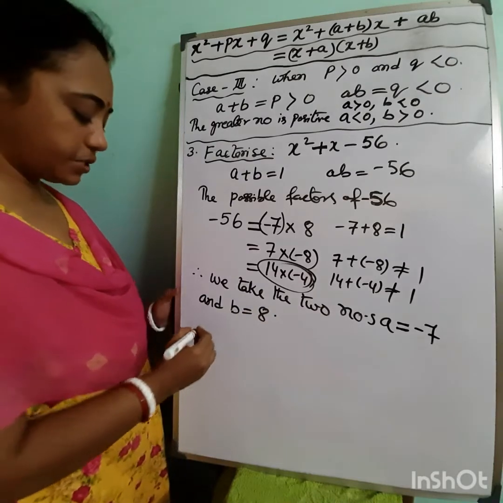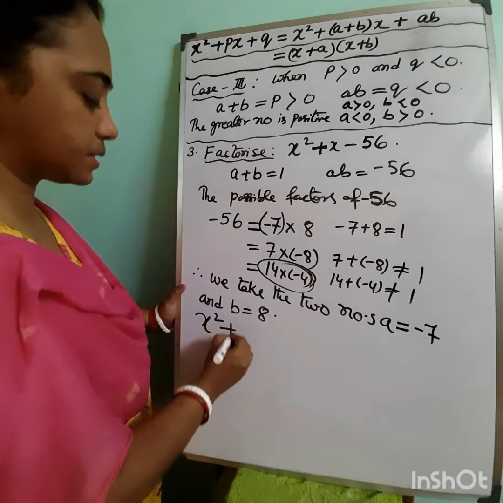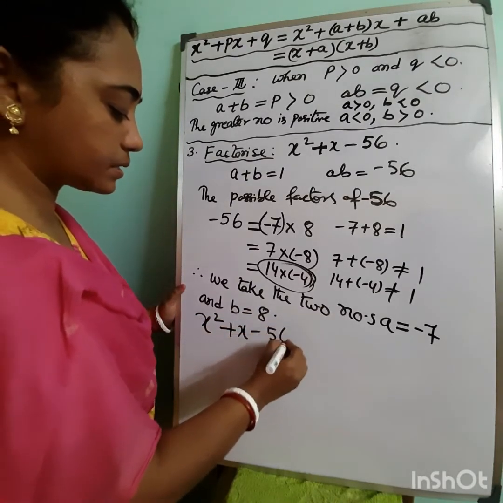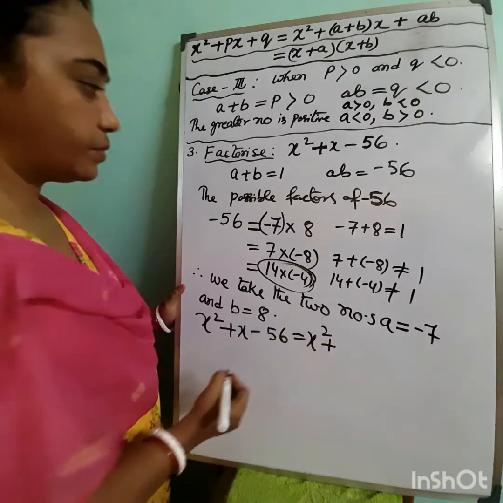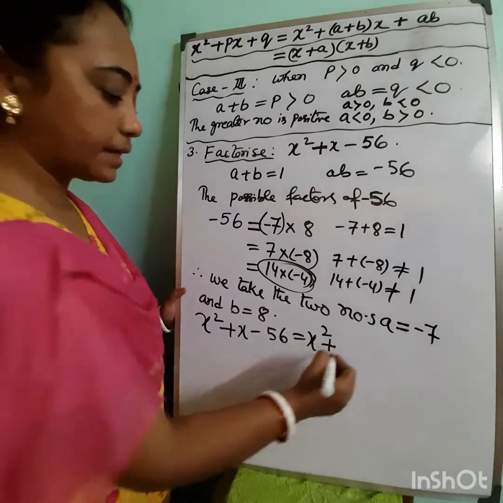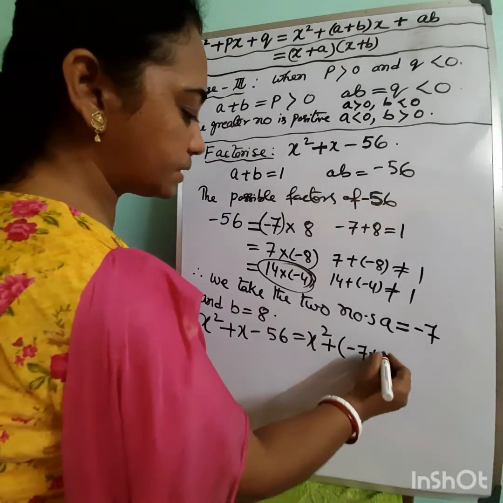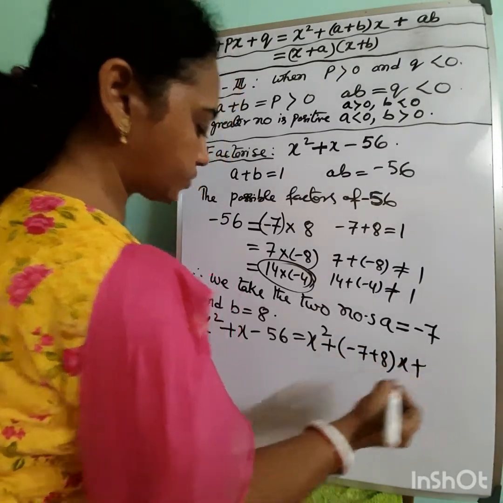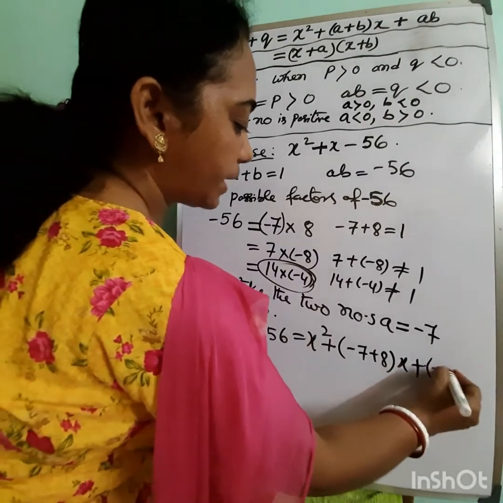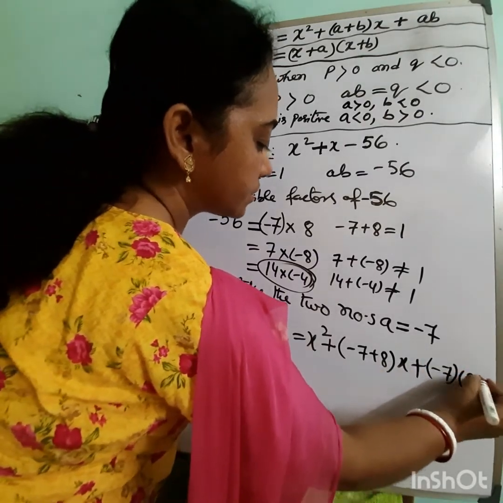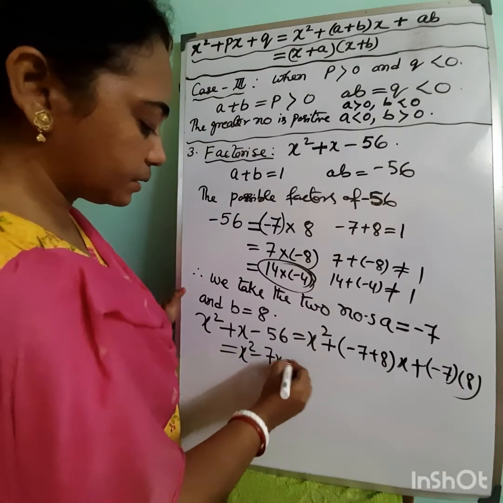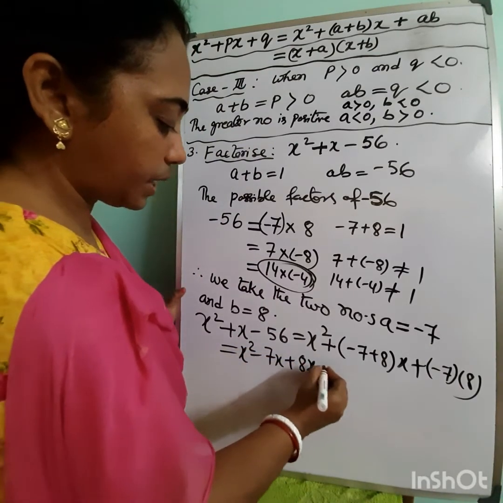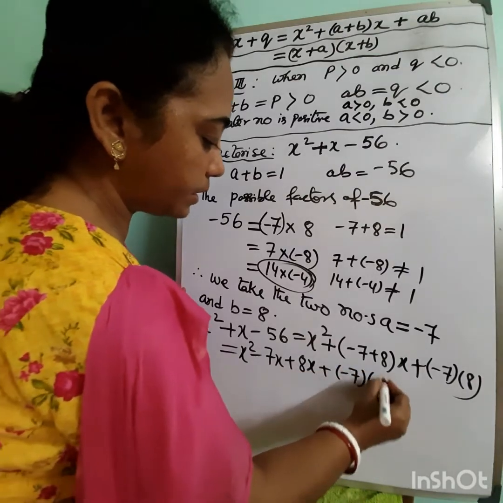Then the given expression becomes x square plus x minus 56 is equal to x square. In place of x, we will write a plus b, that is minus 7 plus 8 x. In place of minus 56, we will write minus 7 multiplied by 8. Now if you open the bracket, this becomes minus 7x plus 8x plus minus 7 multiplied by 8.